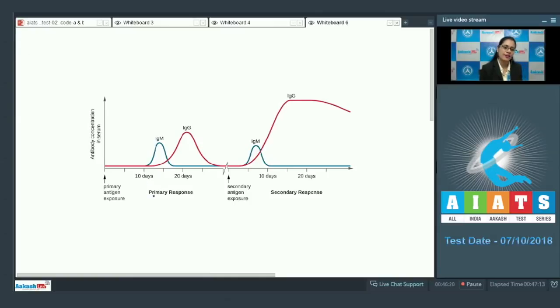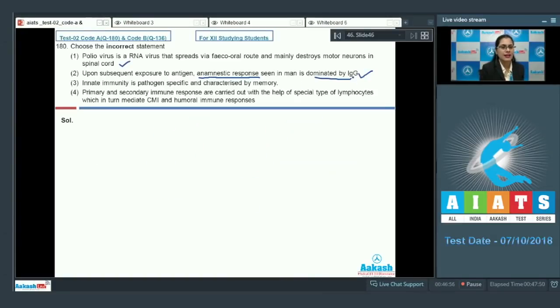So as you can see here, in primary response both IgM and IgG are there, but when there is second exposure to the same antigen, the immunological response is dominated by IgG, and this is an amnestic response. So the second option is correct.